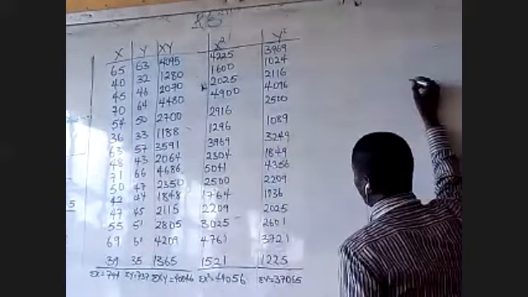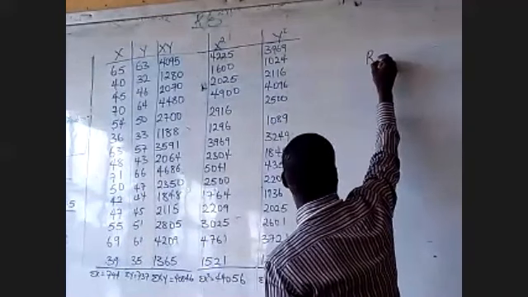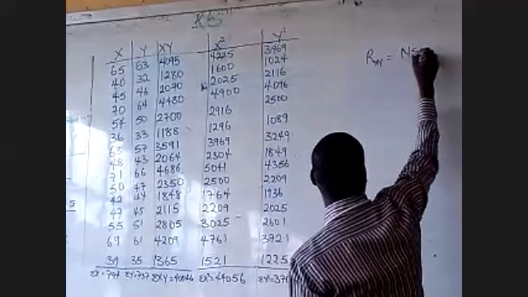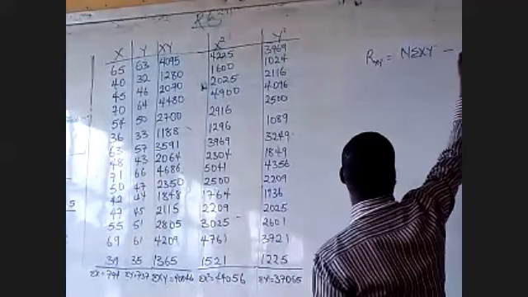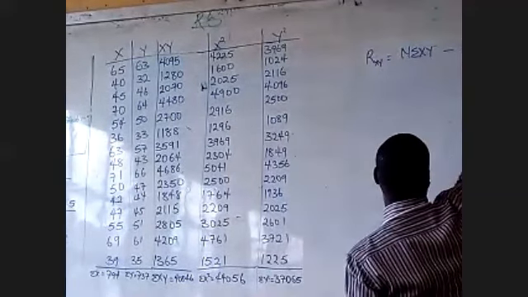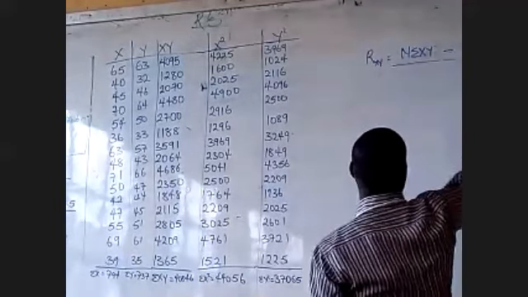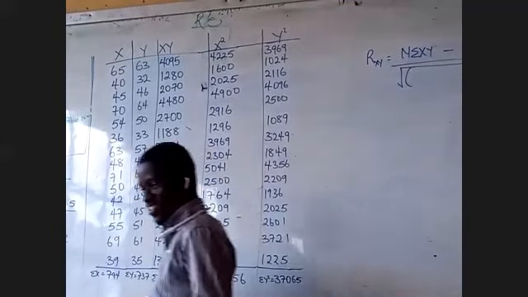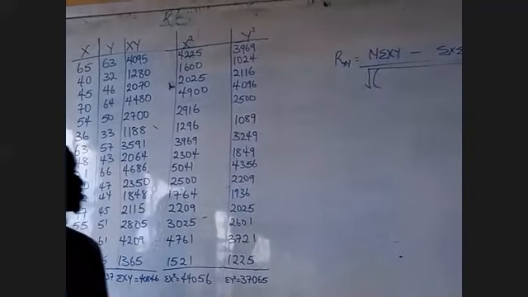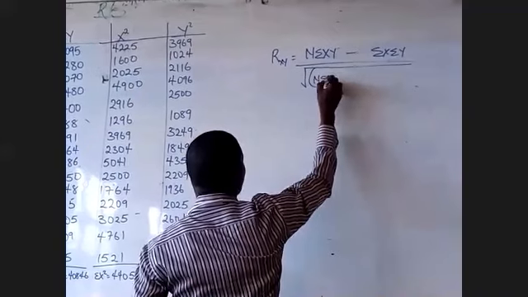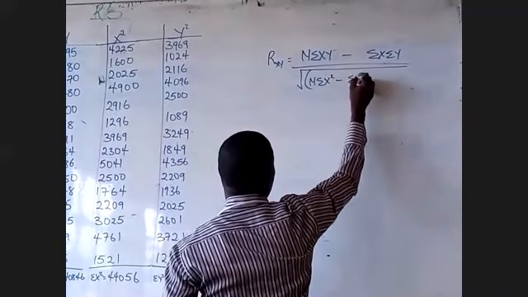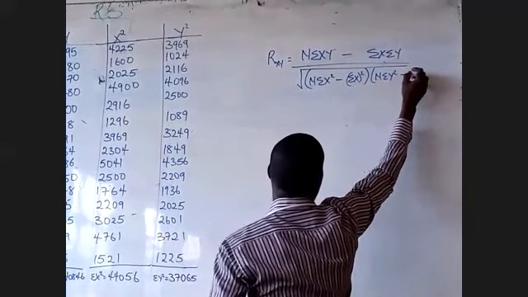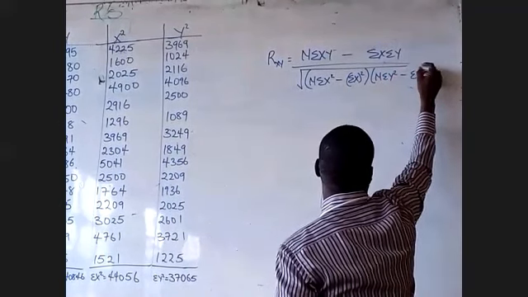Let me write the formula again. That's r_xy equals n summation xy minus summation x summation y, over square root of n summation x squared minus summation x all squared, then multiplied by n summation y squared minus summation y all squared.